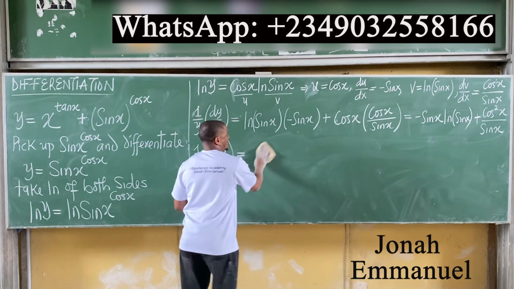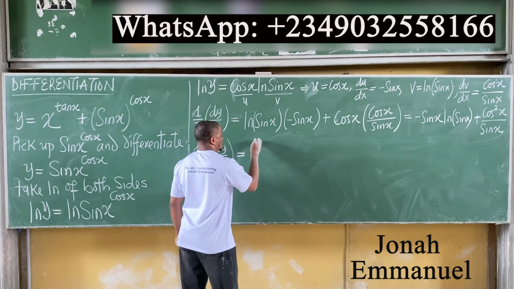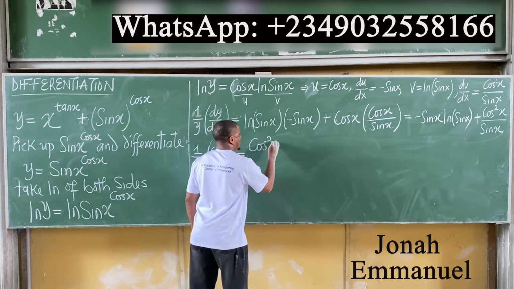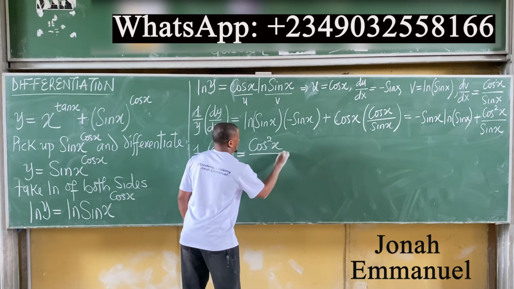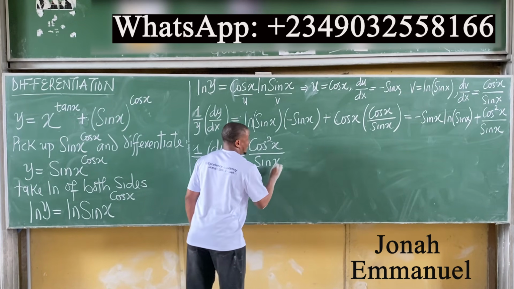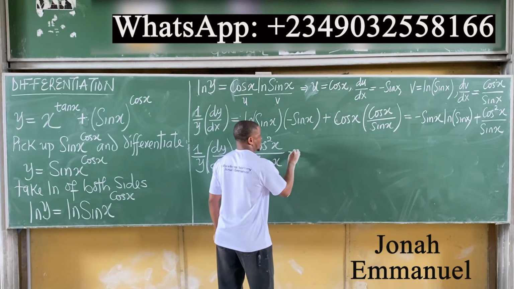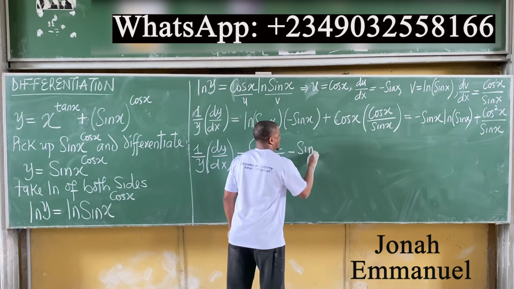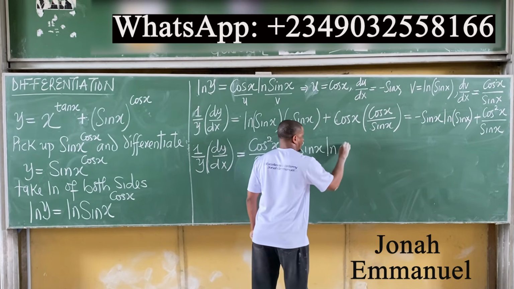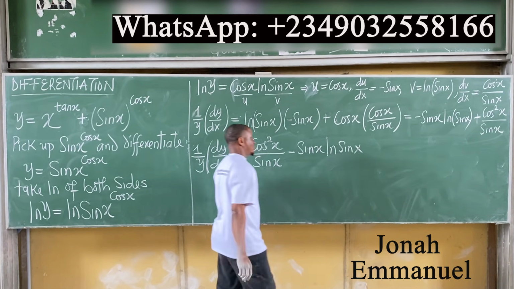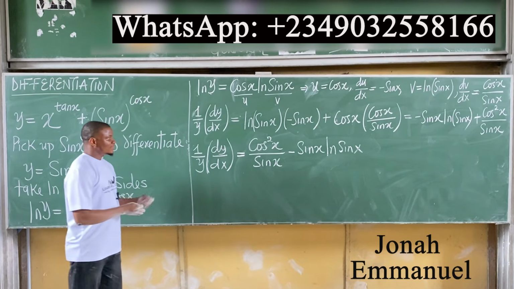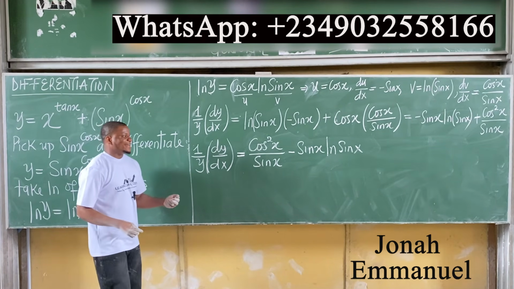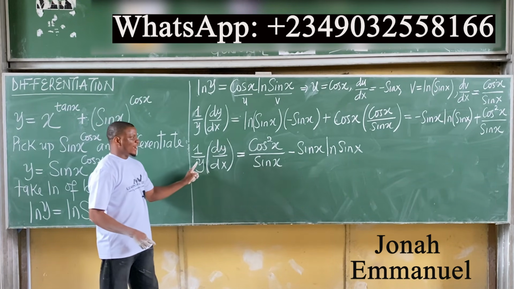So switching it becomes the cos squared x first. Cos squared x over sin x minus sin x ln sin x. All right, so I have this. Now it looks better. What's my next step there? Take y over here.